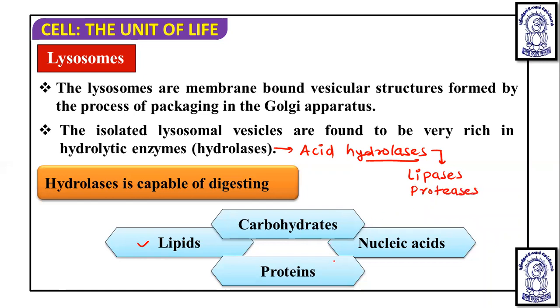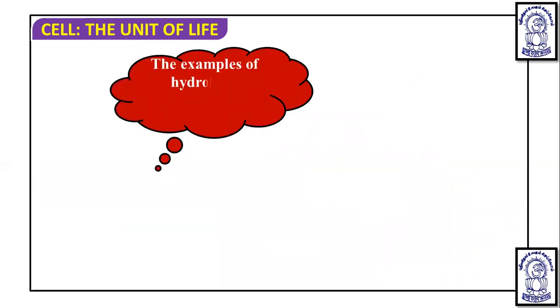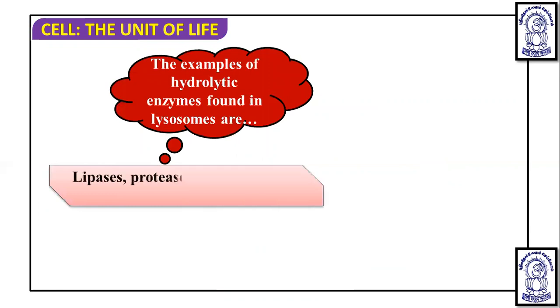If it is proteases, it is going to cleave the proteins. Then carbohydrases, which are going to cleave the carbohydrate. And nucleases, so they can cleave the nucleic acid, that is DNA and RNA. Okay, so these hydrolases are found in this lysosome. We have discussed examples of hydrolytic enzymes. If somebody asks, then they can be lipases, proteases, nucleases.